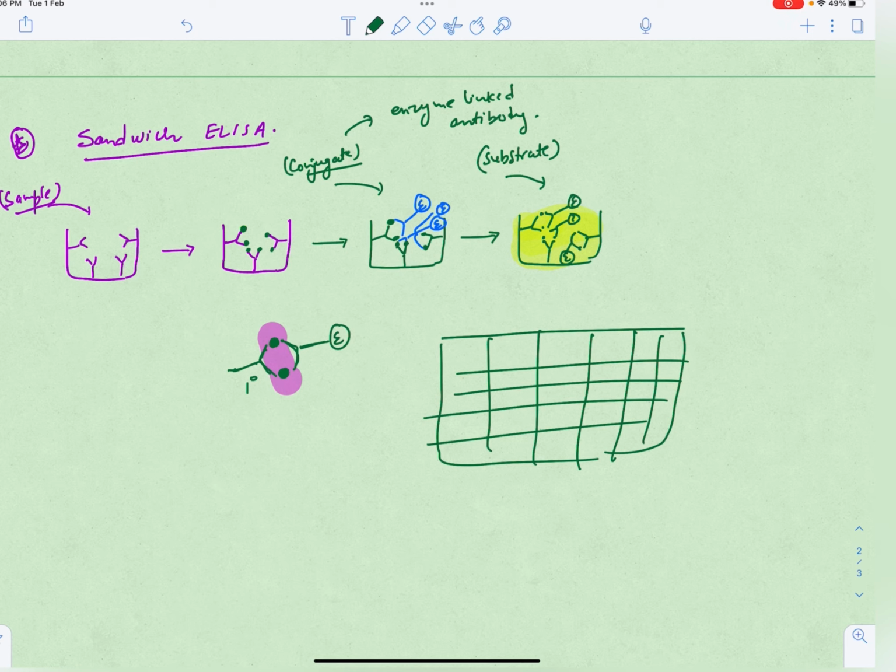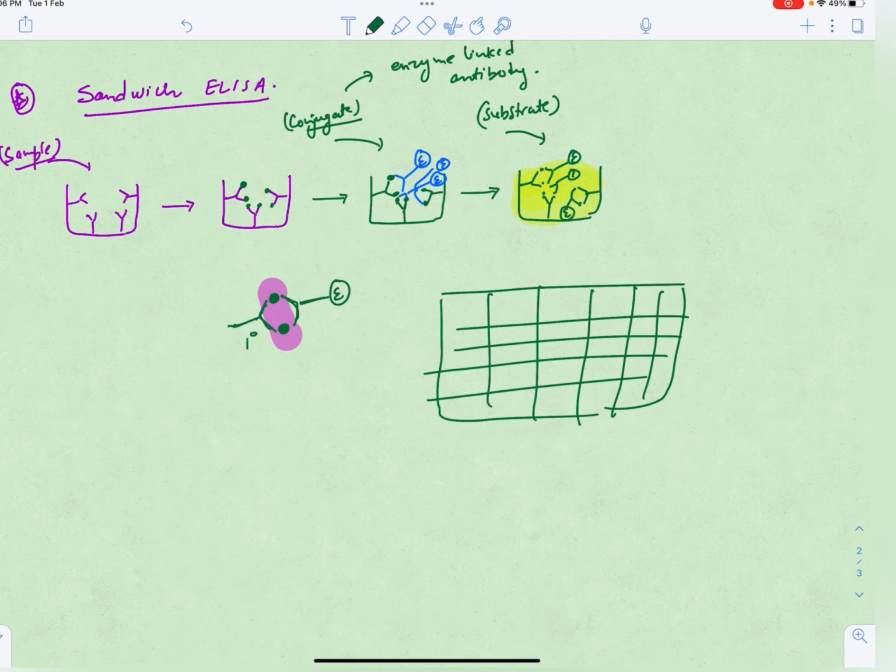There is no test in biochemistry that you can perform without using either a standard or calibrator. In most tests you have to use a standard, so that the values are standardized. Suppose we are estimating thyroid stimulating hormone by the sandwich ELISA method. Certain standards are available.